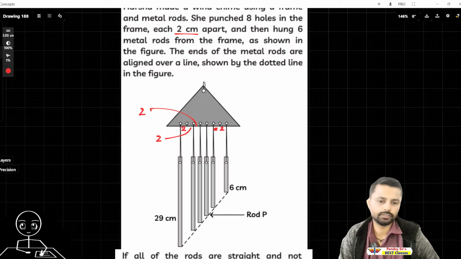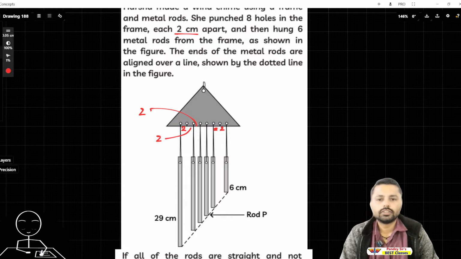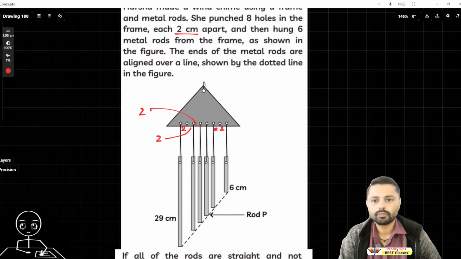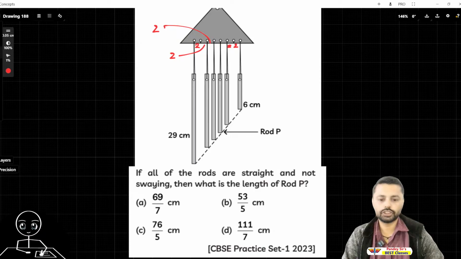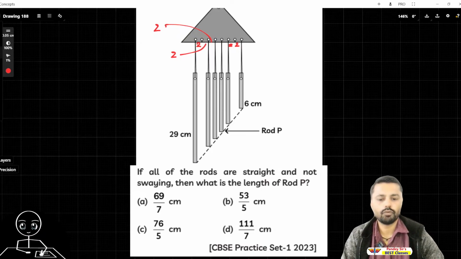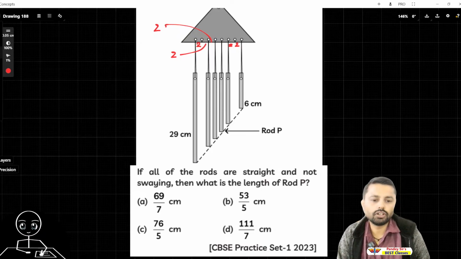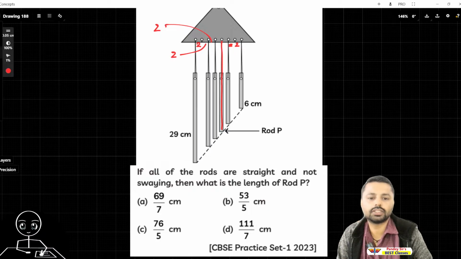Okay, fine. The ends of the metal rods are aligned over a line. Okay, so this is a nice competency based question. Now what they asked: if all rods are straight and not swaying, then what is the length of rod P? P equals question mark, this one.